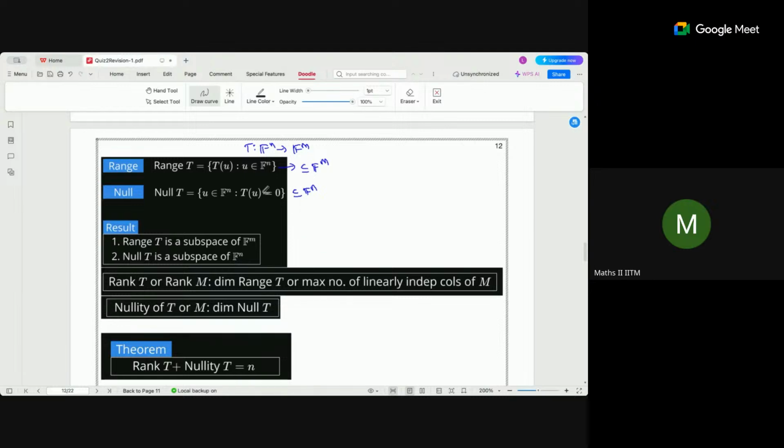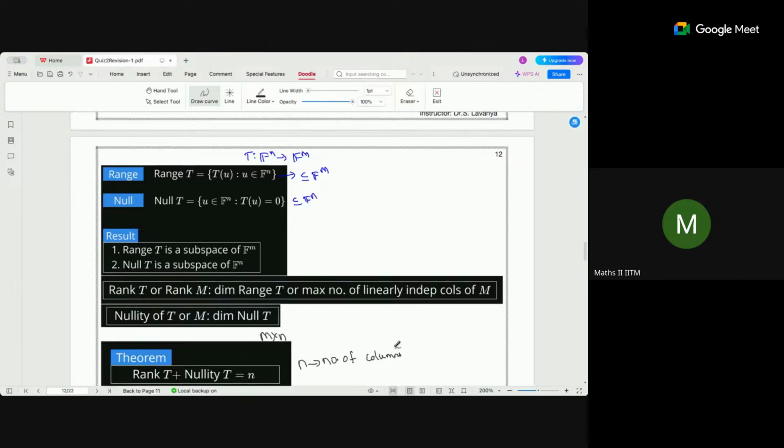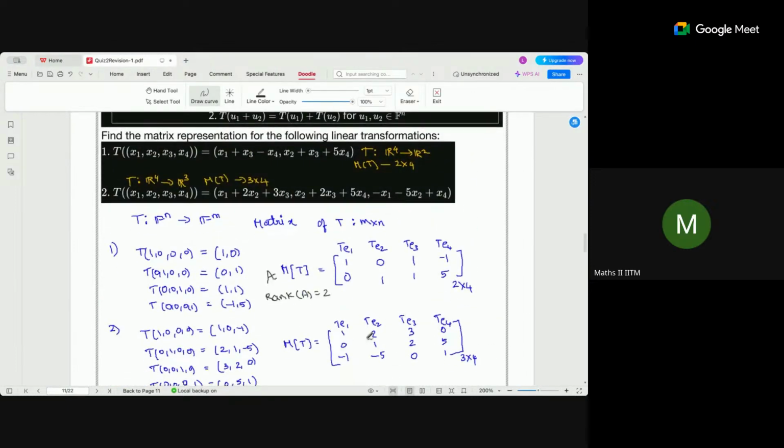See, your T is from Fn to Fm, right? So you have an m cross n matrix. This n represents the number of columns. Remember that n represents the number of columns. So here, the number of columns is 4, so nullity is 4 minus 2, which is 2.